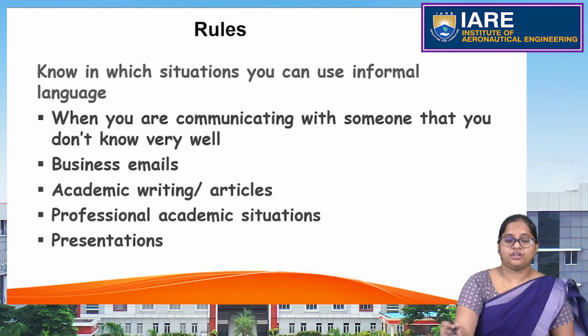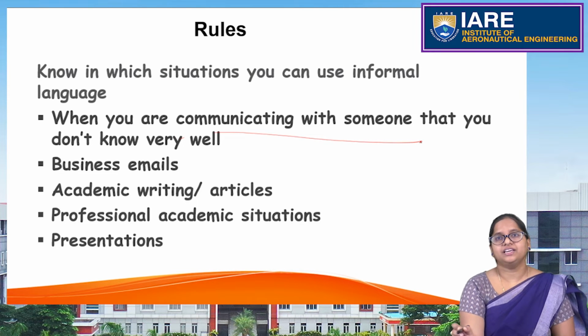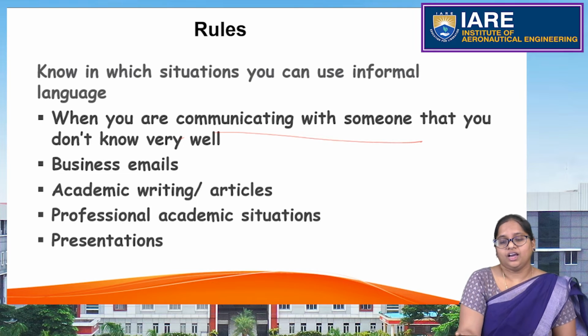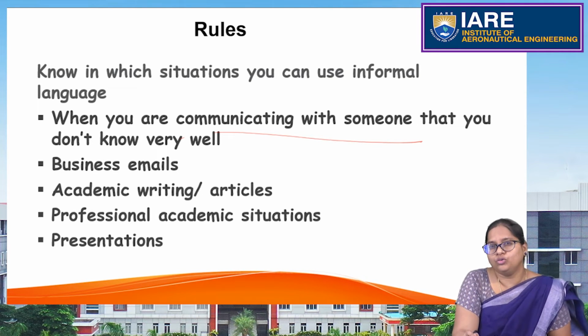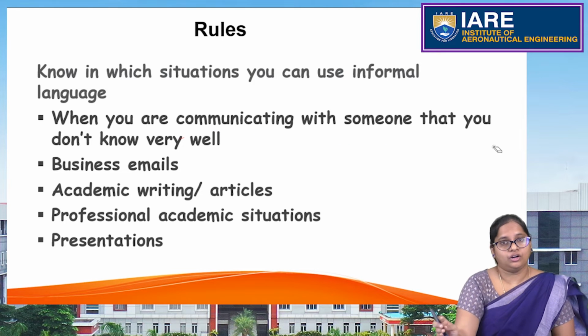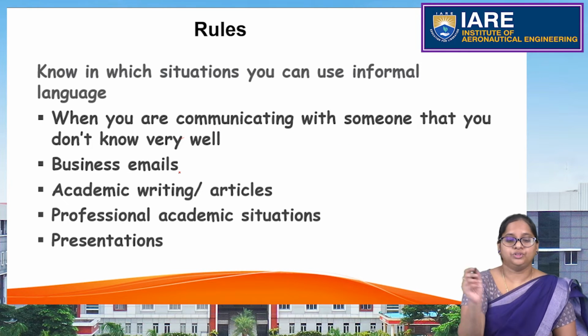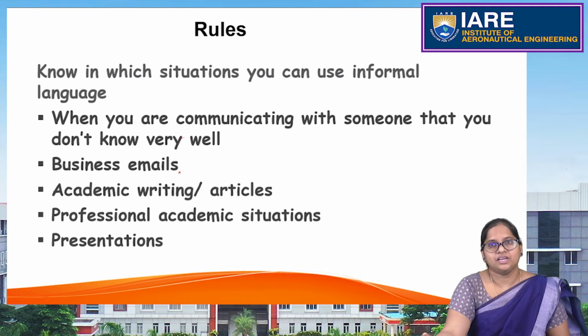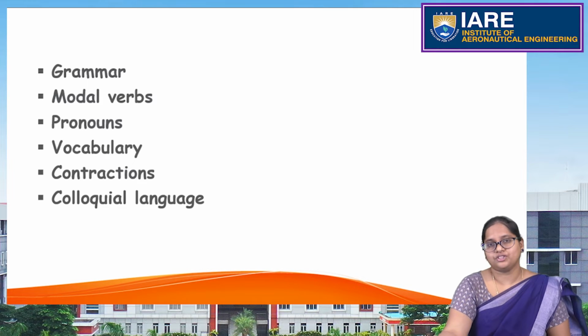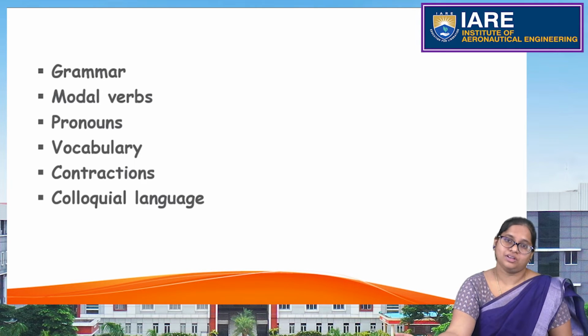Next, these are the rules when you're communicating with someone. For example, when you do not know someone very well, usually you are not very serious, and you use informal language generally in personal emails. In some presentations you have to make use of formal language, and in some professional and academic situations you will make use of formal expression. Grammar will be different.